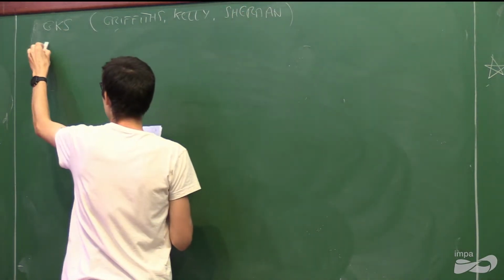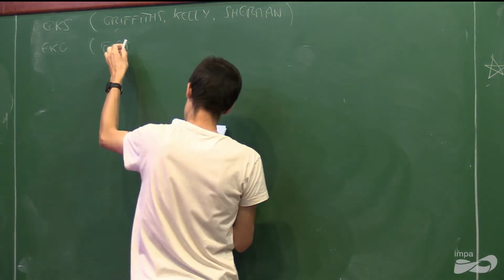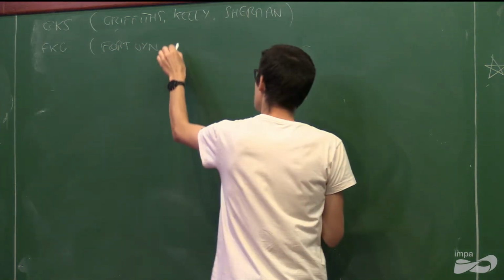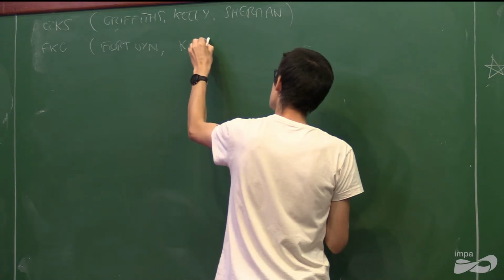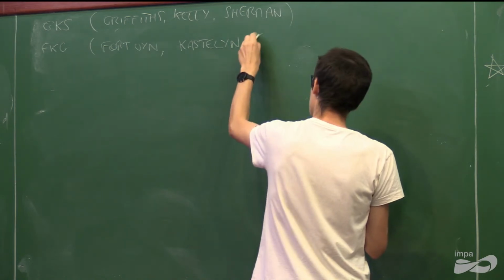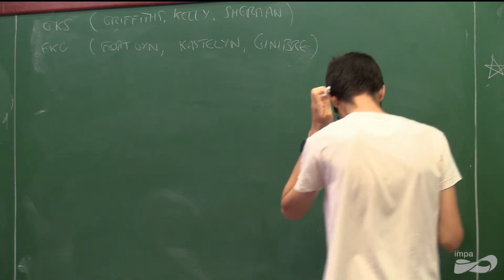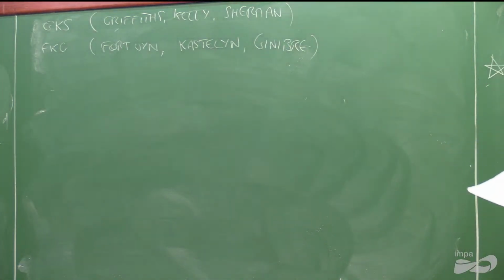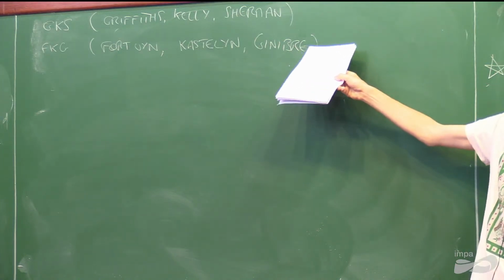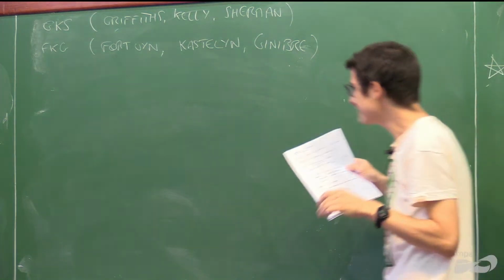And FKG, which is Fortuin, Kasteleyn, and Ginibre. This is, of course, a generalization of the Harris inequality that we have seen for percolation. Okay, so let's start with GKS.